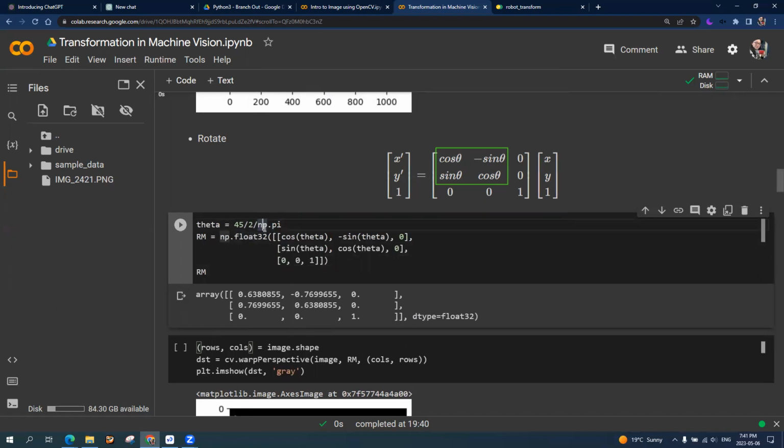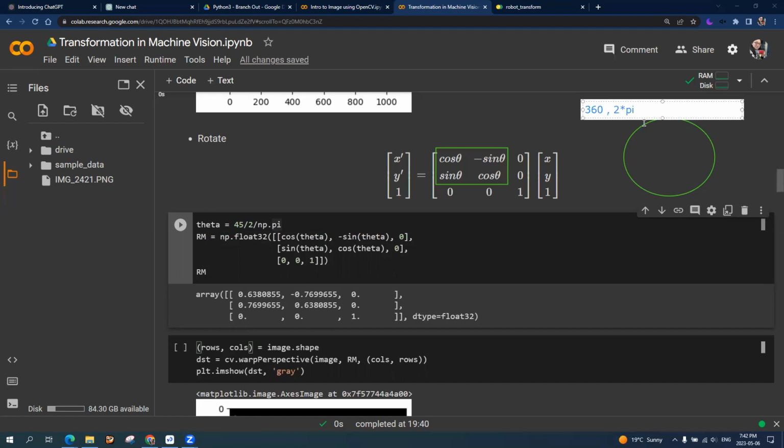Here, we need to pay attention that all of these angle functions need radians. Sandy, do you know what radians are? A circle is 360 degrees, right? 360 degrees, but in radians it is also 2 pi.